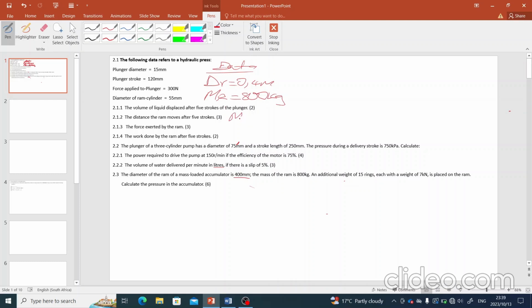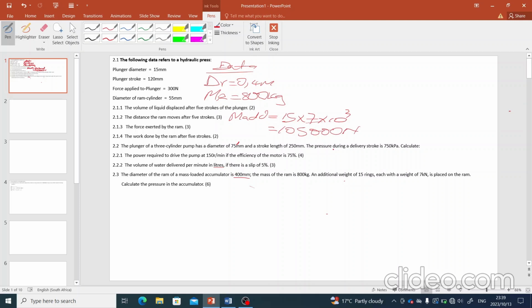Then we are given the mass added. Our mass added is 15 rings, each weighing 7 kilonewton. That means it will be multiplied by 7 times 10 to the power 3. Then I get my answer as 15 times 7,000, which is 105,000 newtons.